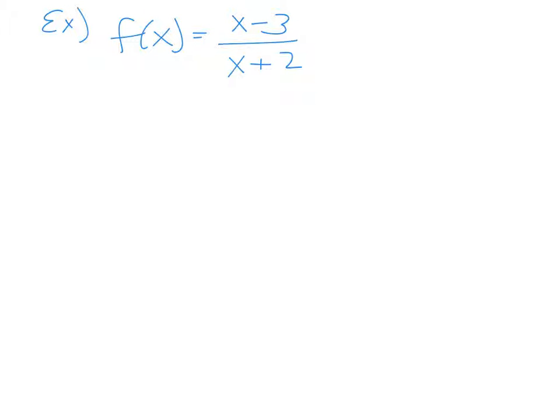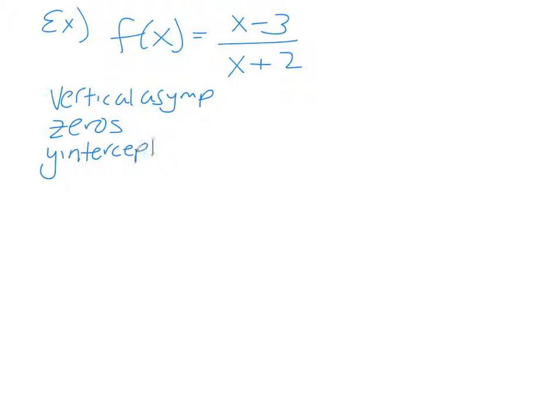Let's sketch a graph of that. So what we want to do is get the vertical asymptote. We want to get the zeros. We want to get the y-intercept. And we want to get the horizontal asymptotes or the end behavior. And we're going to write it all out correctly and sketch it.